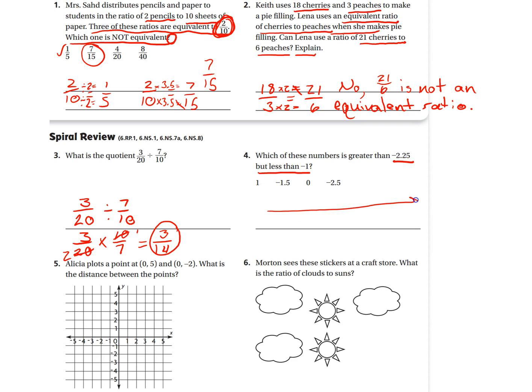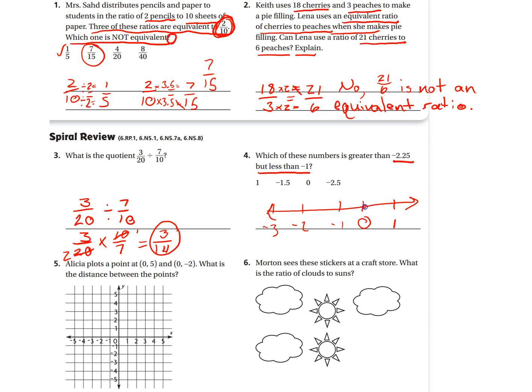All right, which of these numbers is greater than negative 2.25 but less than negative 1? Well, I'm going to create a number line. I have 0, 1, that's positive 1 because it's to the right of 0. And then moving to the left, I'm going to have negative 1, negative 2, and negative 3.